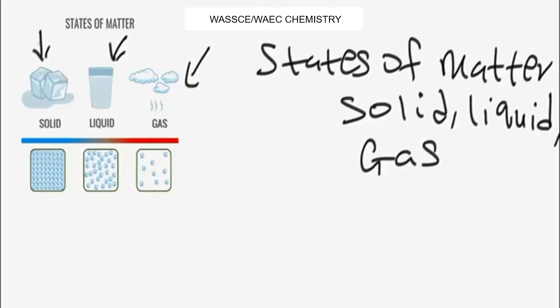Before we end this class, I want you to know how substances are represented in a chemical equation. So now you can know the state of any matter in a chemical equation. Let's look at this typical chemical equation.